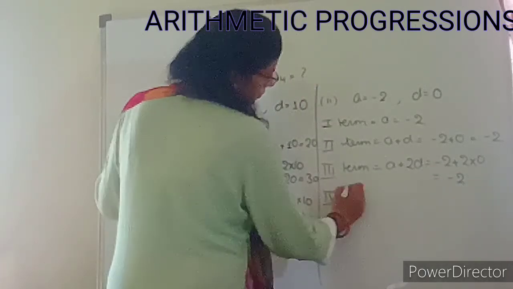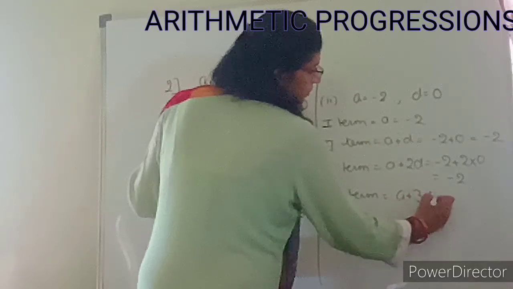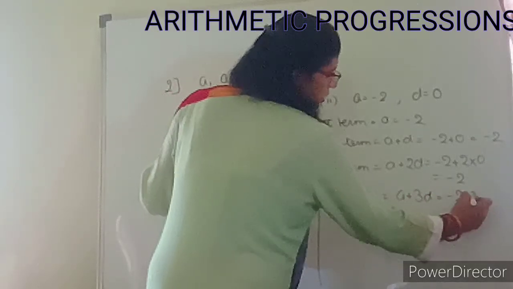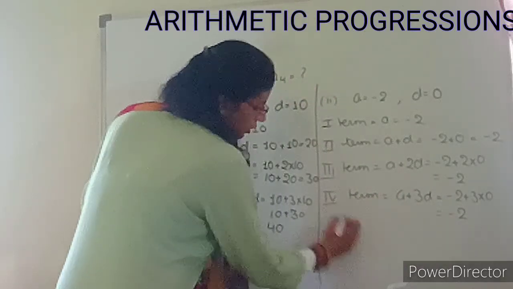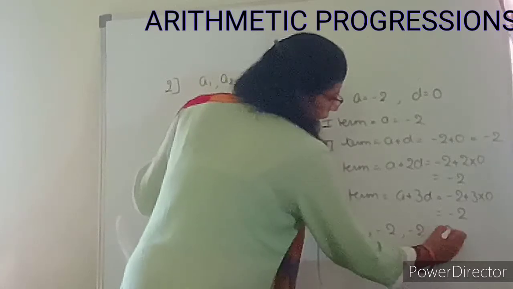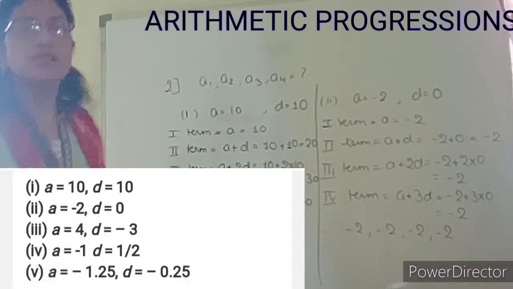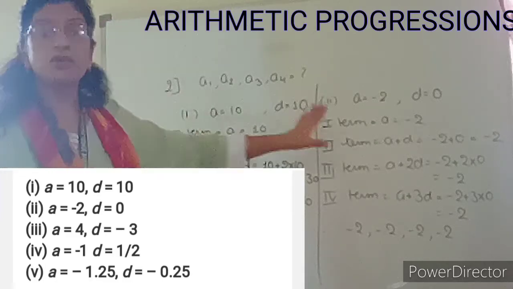And the fourth term is A plus 3D, that means minus 2 plus 3 into 0, minus 2. So your 4 terms are minus 2, minus 2, minus 2 and minus 2. You will write the statement also here. So in the second question I did 2 parts.